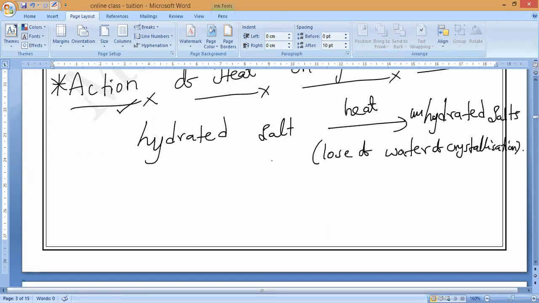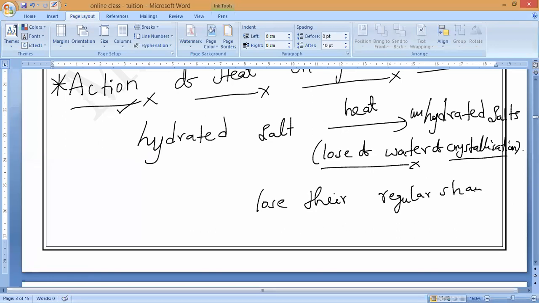Once these hydrated salts lose their water of crystallization, immediately they lose their regular shape and color. They become unhydrated, colorless powdery substances.